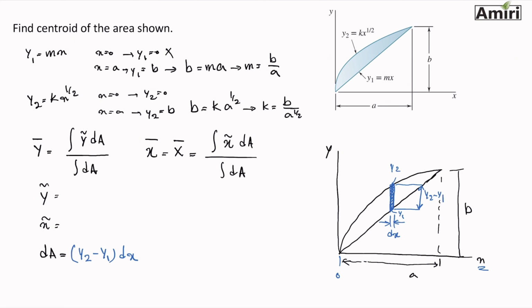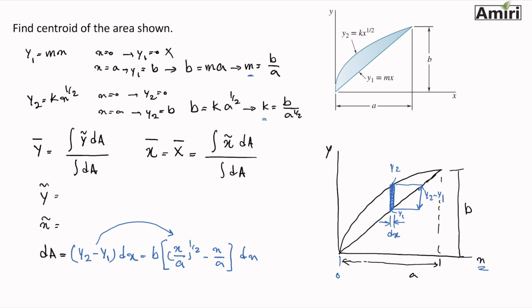I can replace each of the functions, and also k and m with b over a and b over square root of a, and I will get b times the quantity x over a to the power of half minus x over a, dx. This here is y2 minus y1.